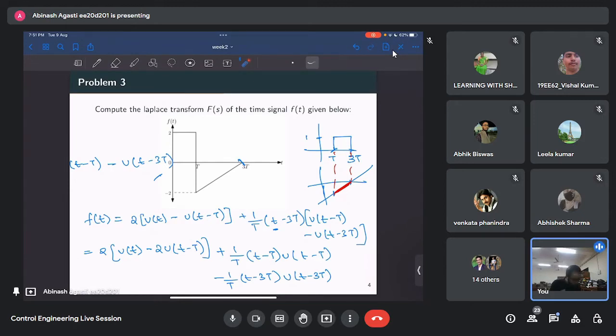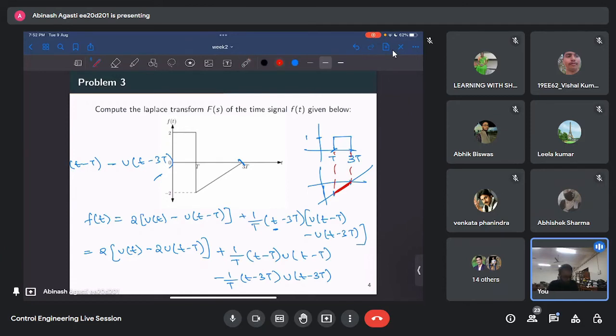Why we did that was, see, you have u of t minus t here and t minus 3t here, so this term, it is beneficial if it is in a function of t minus t, like this one, so that we can directly apply the time shifting property, right?